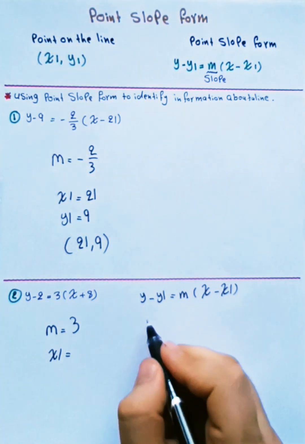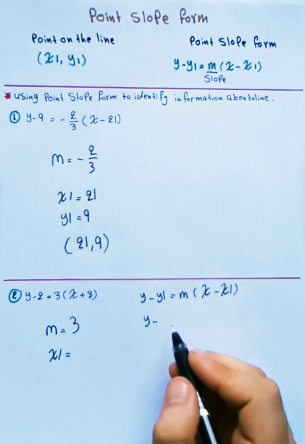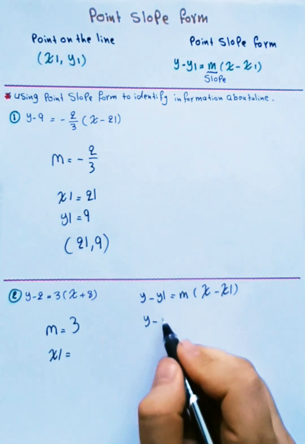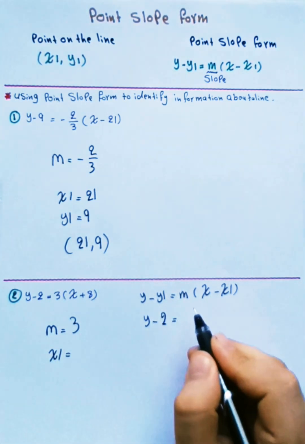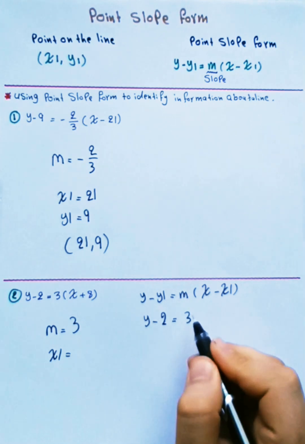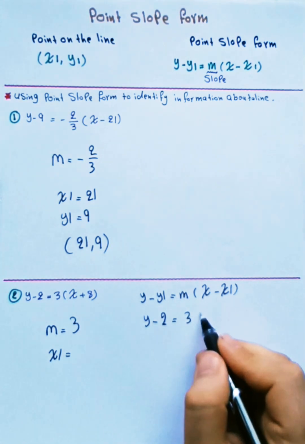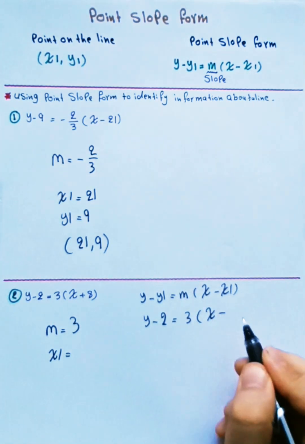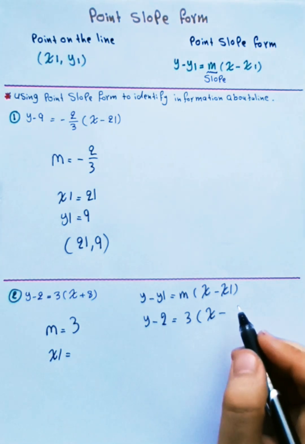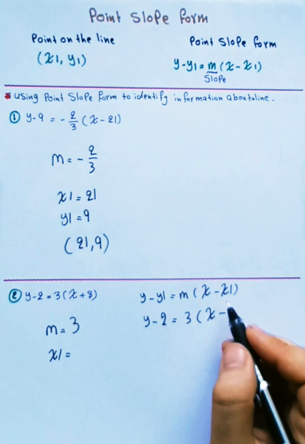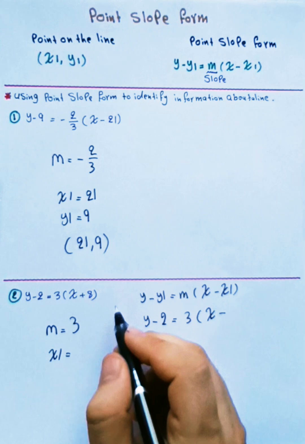So we have y minus y1, y1 is 2, equal to m, the slope is 3, x minus x1.